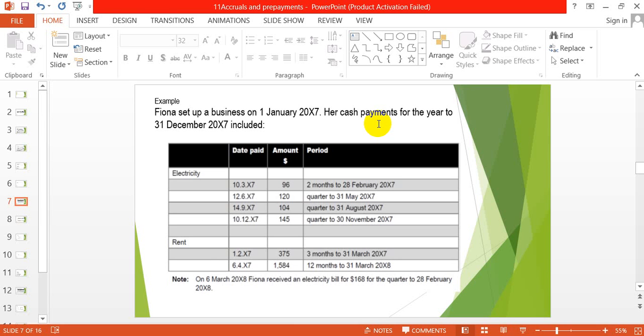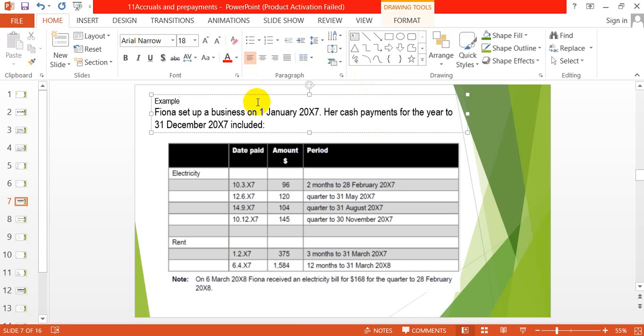So ensure that you count your months correctly. Establish the reporting period. The reporting period is the 12 months in which you are reporting. In this case, our reporting period is January 20X7 to 31st December 20X7. So we want to ensure that we have a payment for each of those 12 months of X7.